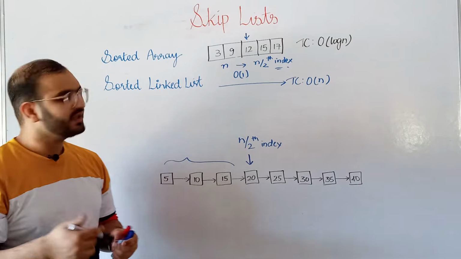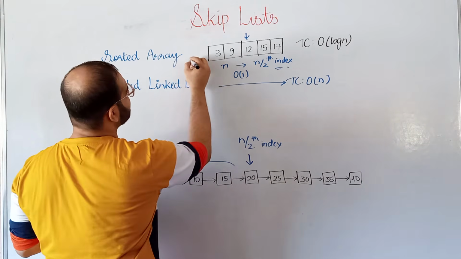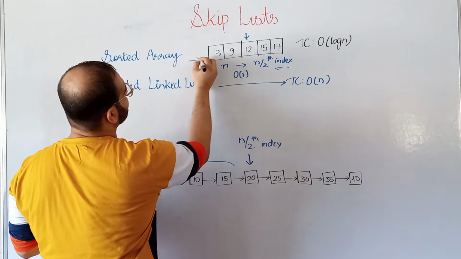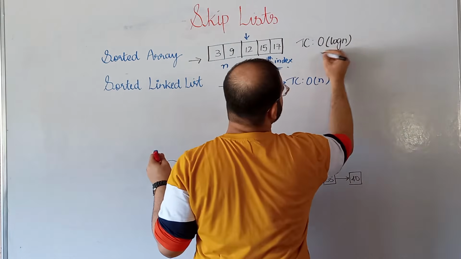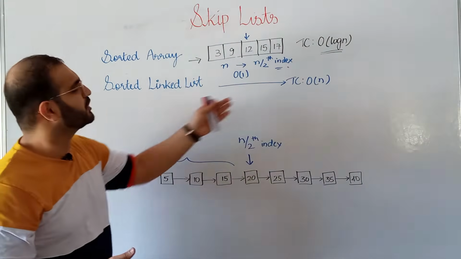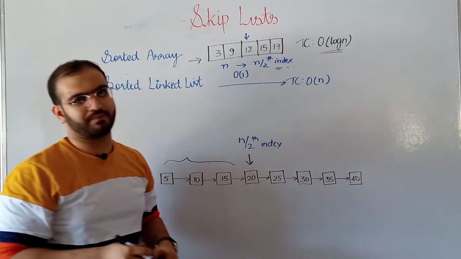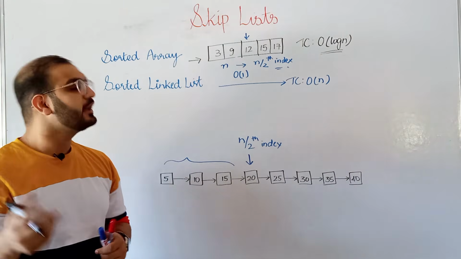Now you might say that the best thing is that we store all these sorted elements in an array, right? And in that case, the search operation's time complexity will be order of log n. So why don't we do that in order to reduce the time complexity of the search operation? But this is not a very good alternative. Why?